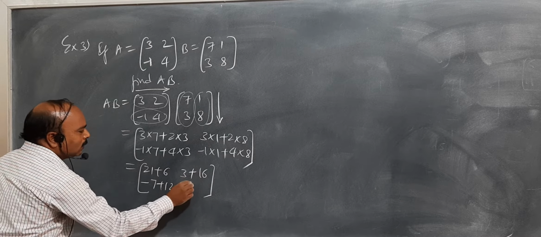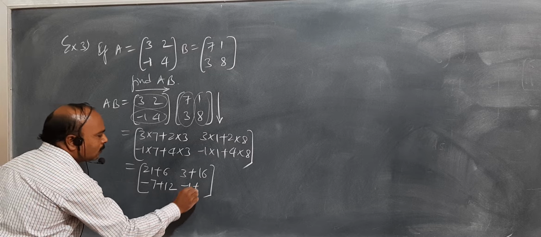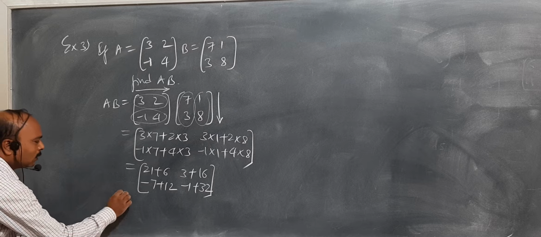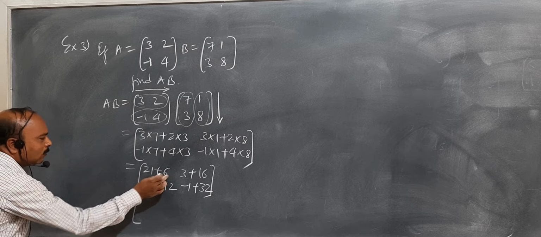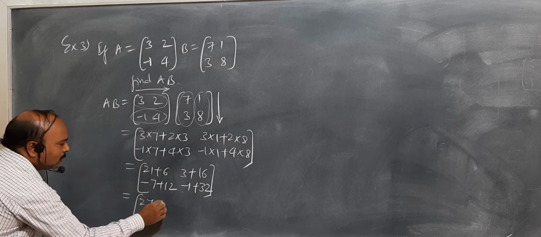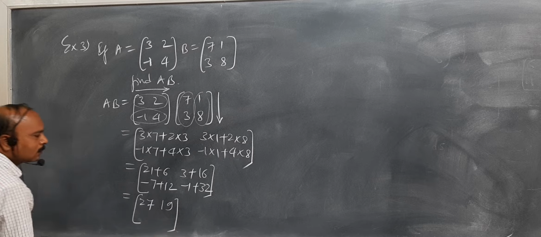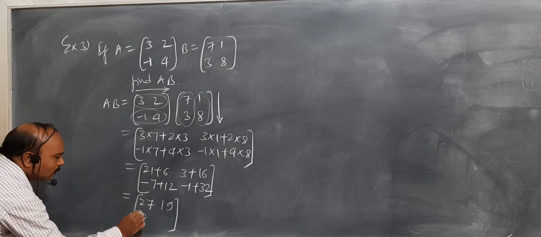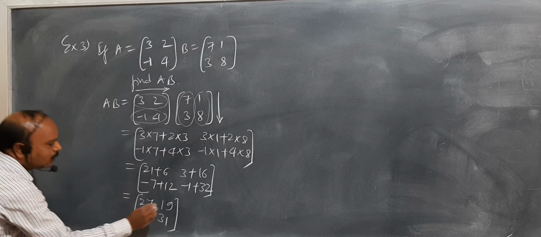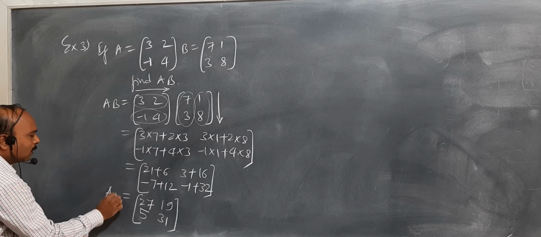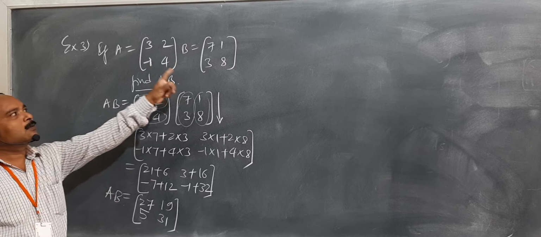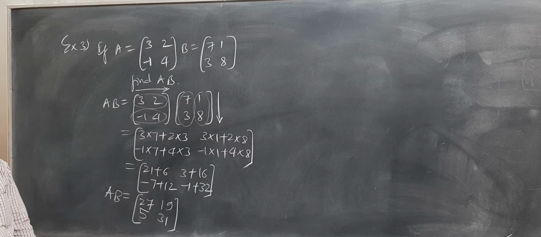Minus 1 into 1 is minus 1 plus 4 into 8 is 32, so 32 minus 1 is 31. It is the matrix AB. Like this you calculate the product of these two matrices A and B.